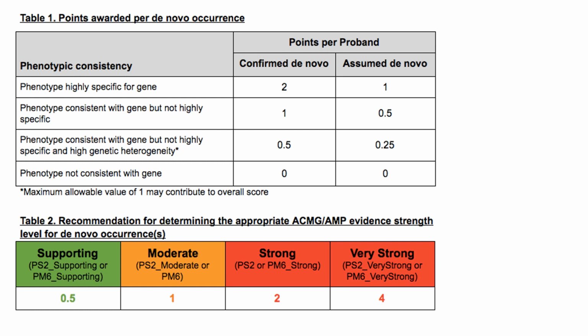One, whether or not the de novo occurrence was confirmed versus assumed, and then also looking at phenotype specificity: if the phenotype is highly specific, consistent, or consistent but with high genetic heterogeneity, and then we divvy out the points from there. So you can go through and gather all the points applicable for all the probands you've seen, and then look at that bottom table to see what the sum is and determine what the applicable strength should be.